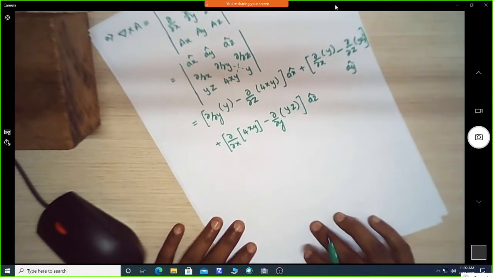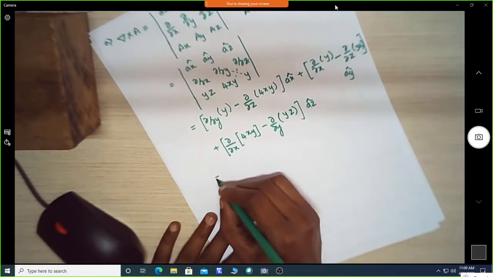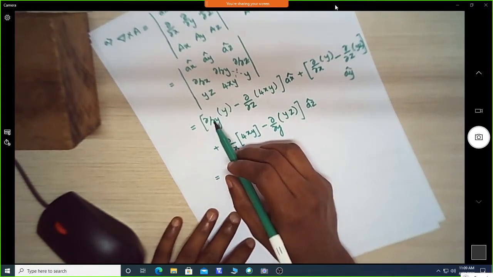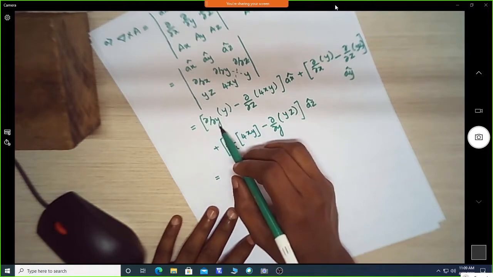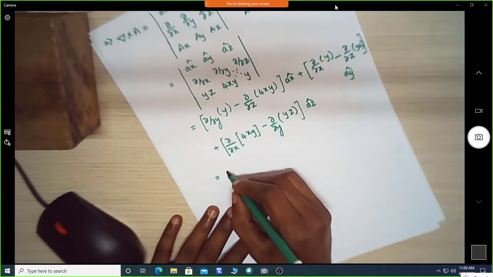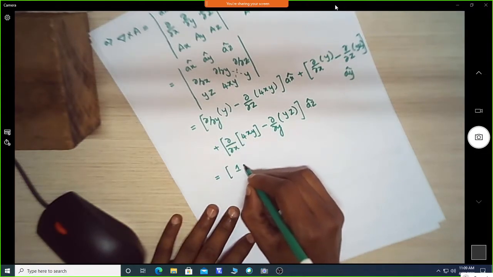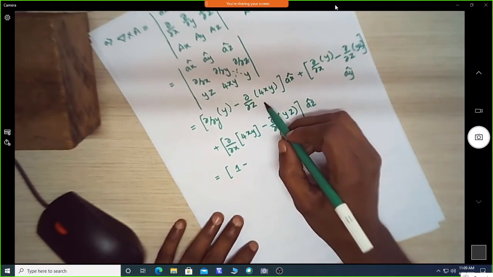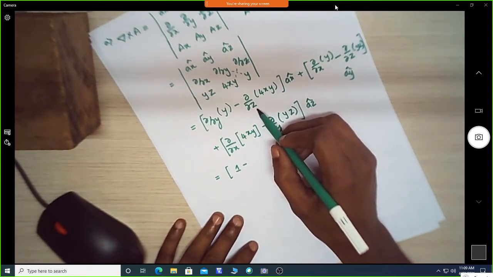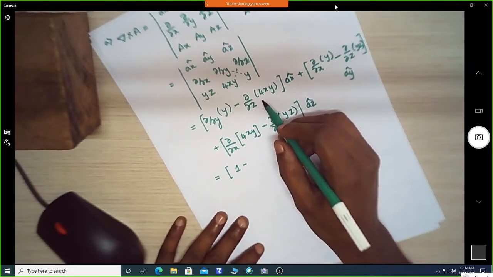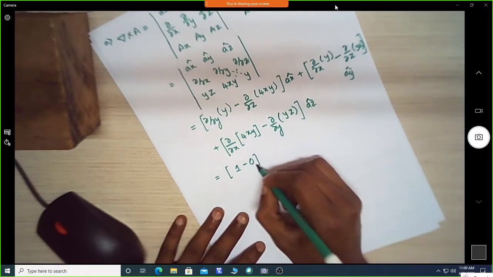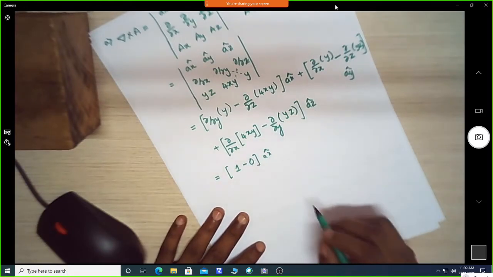So this is in the az direction. Okay, so now you differentiate with respect to whatever is given. So the differentiation of y with respect to y is 1, you will get 1 minus, the differentiation of 4xy with respect to z, since it is a constant, will give 0. Okay, so this is in the direction of ax.